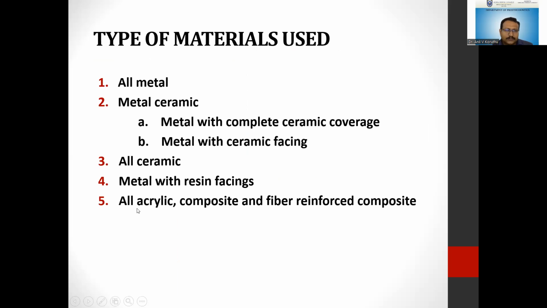Now coming to the type of material used. All the materials used are: one is all metal, then metal ceramic, then all ceramic, then metals with resin facing, and acrylic and composite fiber reinforced.